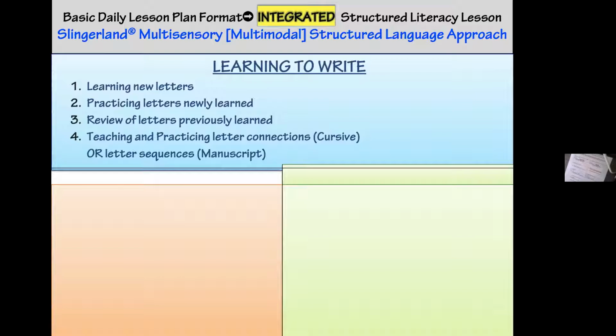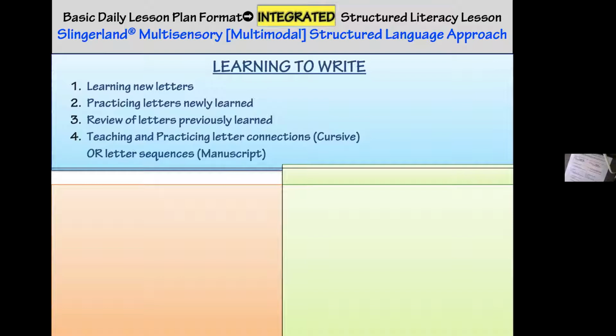And it may be that we're teaching manuscript, it may be that we're teaching cursive, but first the letter is taught for writing. And in those 4 steps, of course, learning each individual new letter, practicing single letters that have recently been learned, review of single letters, and the 4th one, teaching and practicing letter connections if we're teaching cursive, but practicing letter sequences in manuscript.